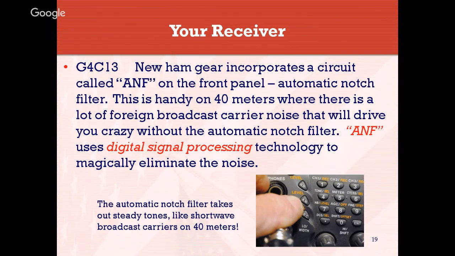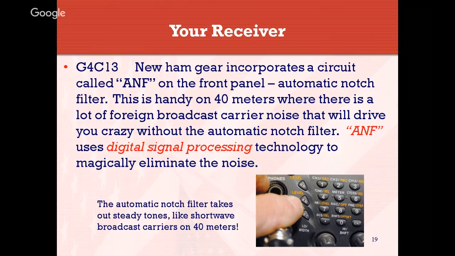40 meters was not really one of my favorite frequencies. It's a little better these days. The International Telecommunications Union has worked to predominantly minimize AM stations in the region 2 40 meter band.